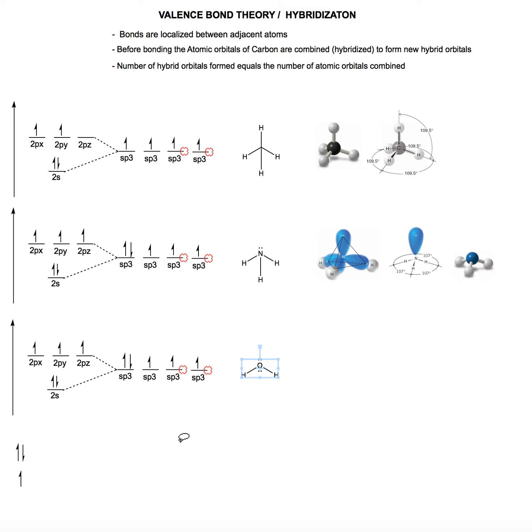These 4 hybrid orbitals will now have 6 electrons, because that's the number of valence electrons for oxygen. So I'm going to add one extra electron here, and then place the 6 electrons in the hybrid orbitals, adding one extra one here. So that's 6 electrons in the valence shell, 6 electrons in the hybrid orbitals of oxygen.